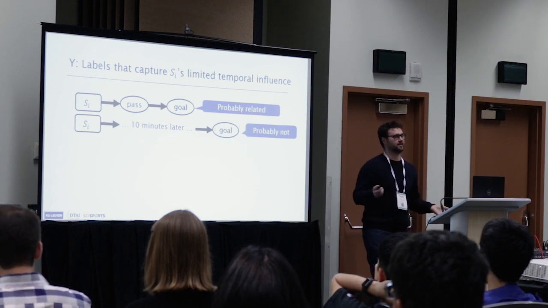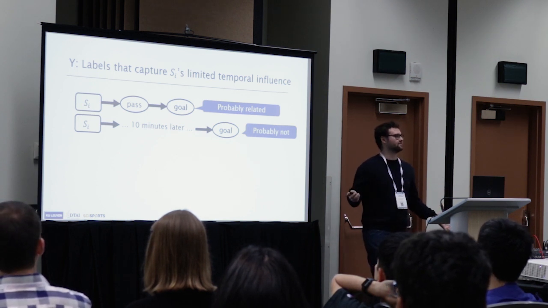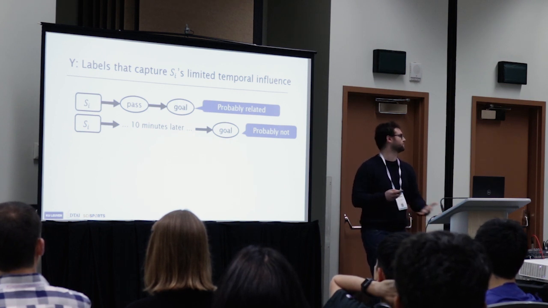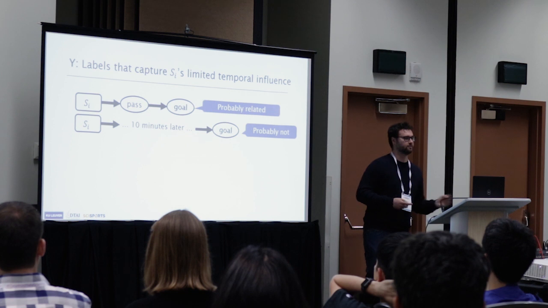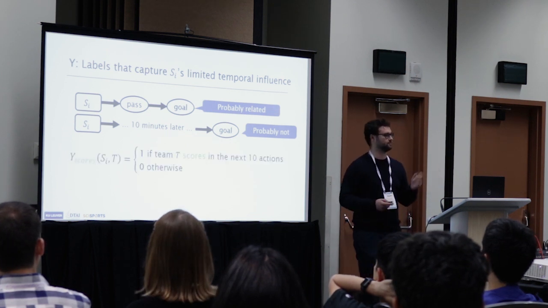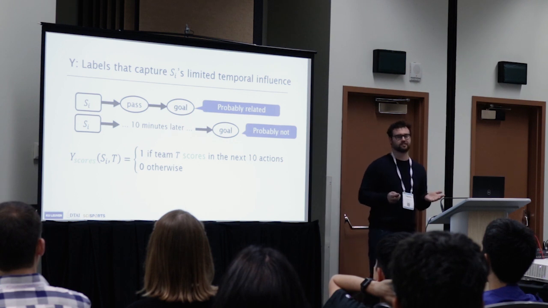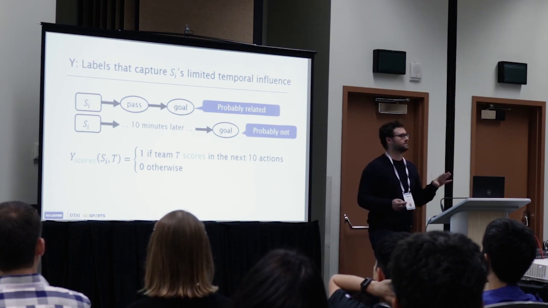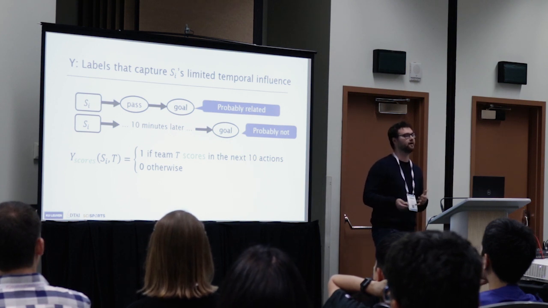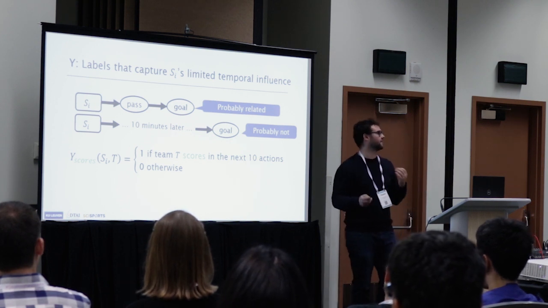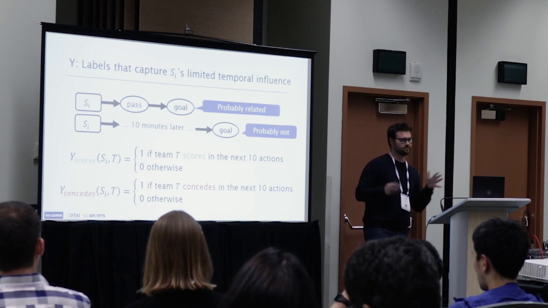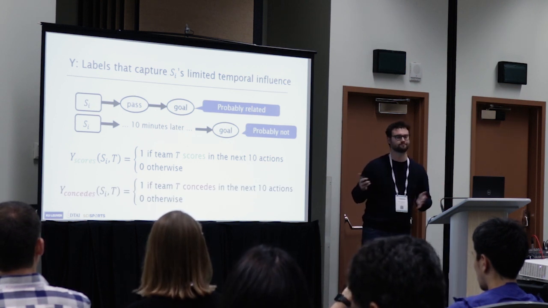But on the other hand, if you have a game state and then 10 minutes later a goal occurs, then that initial game state probably had nothing to do with that goal occurring. So you need labels that capture this delicate balance. Our solution is that we label a game state as positive, as being responsible for a goal occurring, if a goal occurs in the next 10 actions. And the same thing for conceding. So that's our answer to this problem.